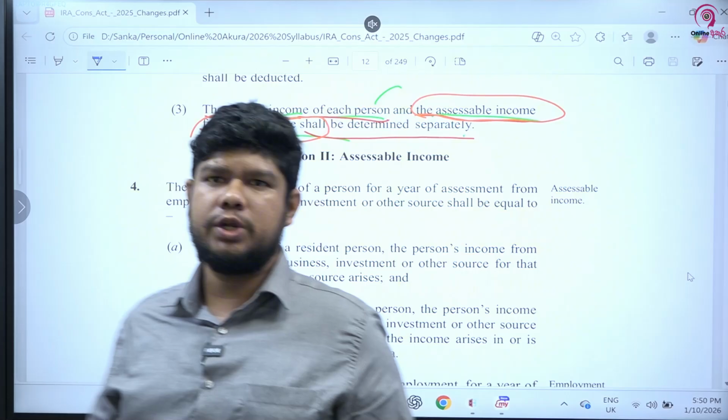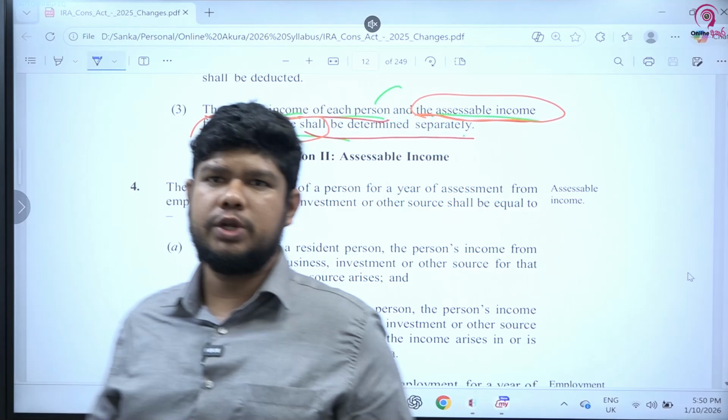Now, 4 types we learned. Shall be equal to, in the case of a resident person, income from employment, business, investment or other sources for that year, wherever the source arises.